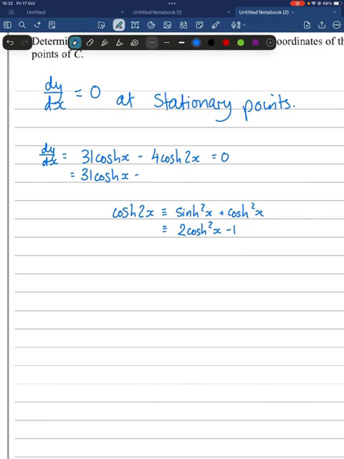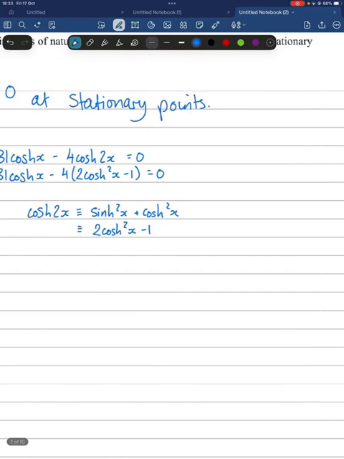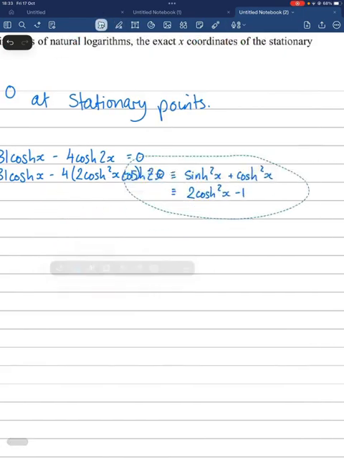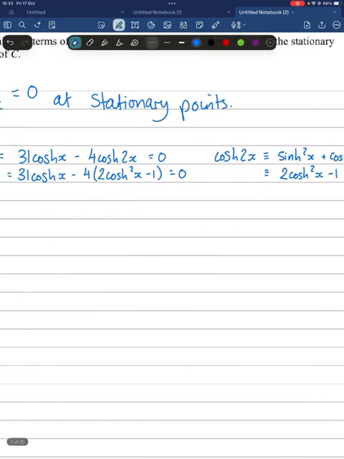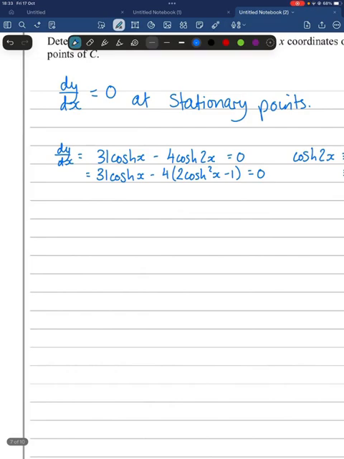So we're multiplying 4 by cosh 2x, which is 2 cosh squared x minus 1, and that's equal to 0. I'll just put that on the right somewhere. Alright, so now let's just expand this. What we get is 31 cosh x minus 8 cosh squared x plus 4 equals 0.